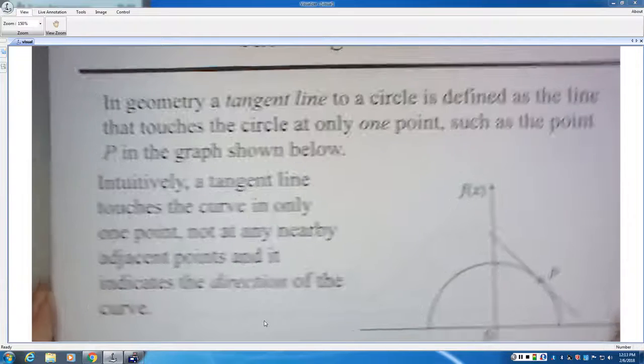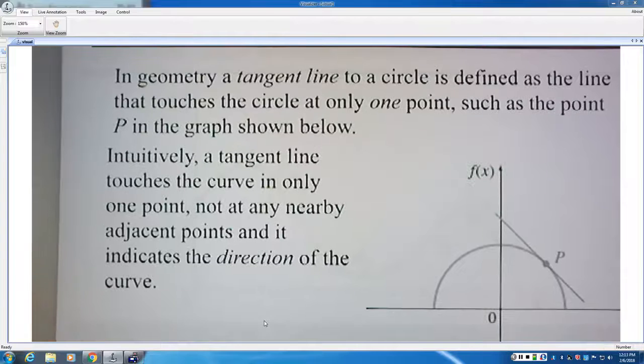So the thing that I want to review with you first is just what is a tangent line anyway? In geometry, the tangent line to a circle is a straight line that touches the circle in one and only one point, such as the point P that's shown on that graph there.